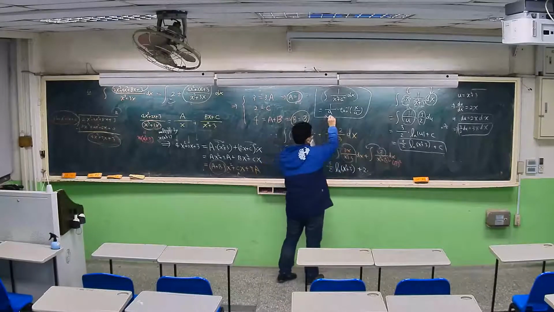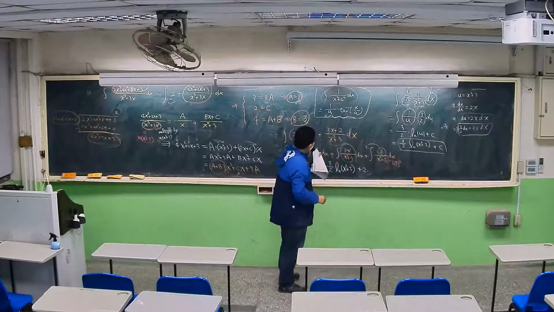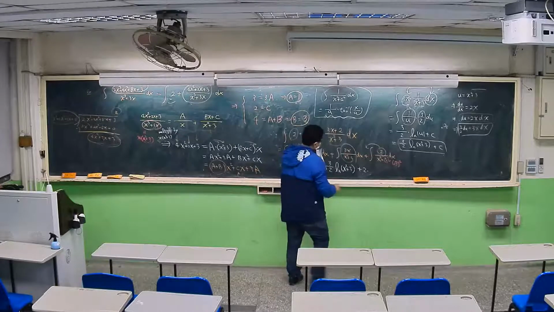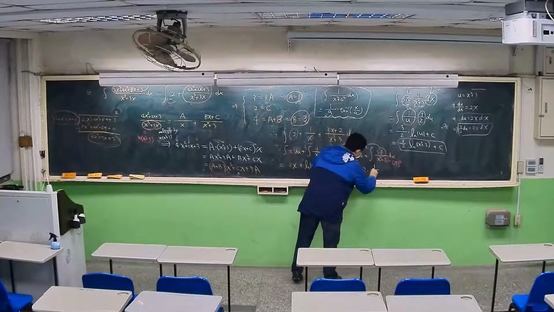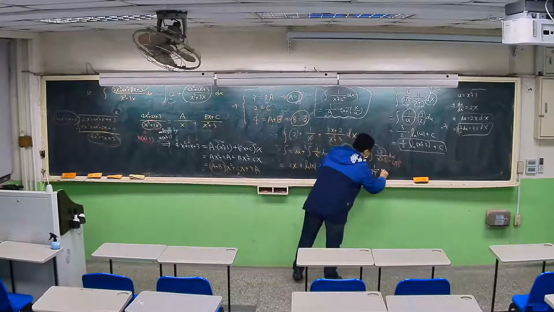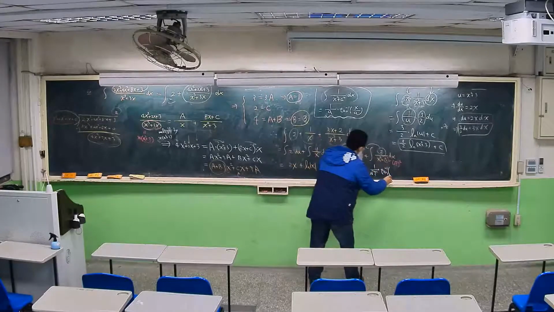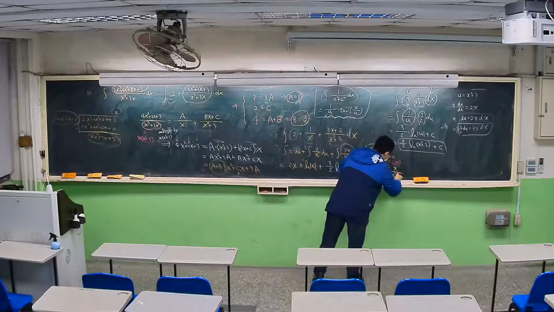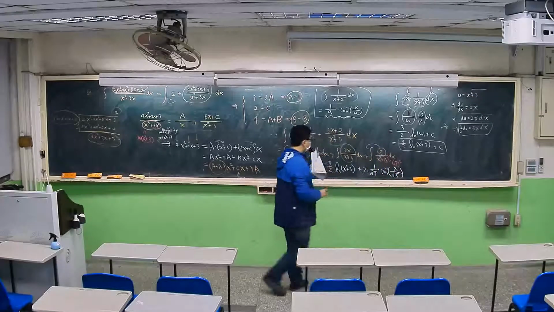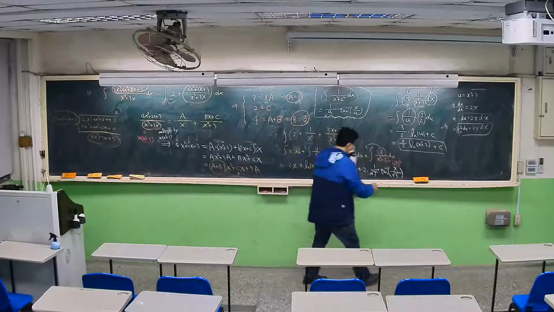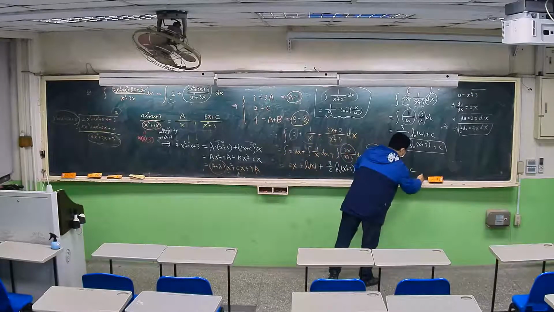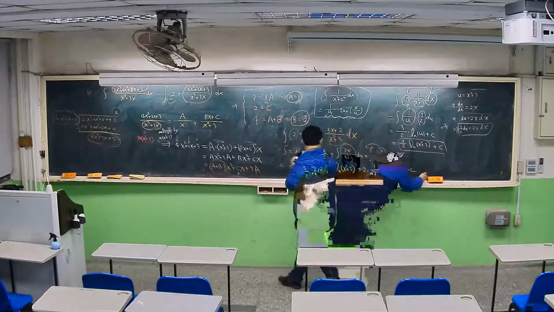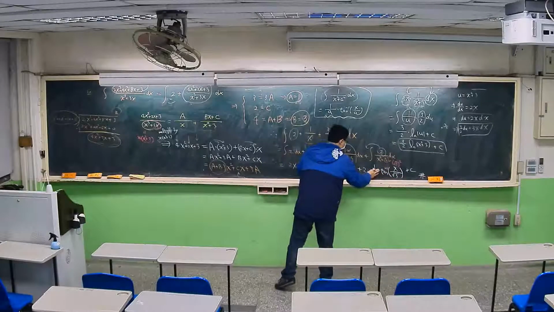So you write this down, plug in square root of 3. Then it's 1 over square root of 3 times arctangent of x over square root of 3, and finally plus a constant c. Then we are done.